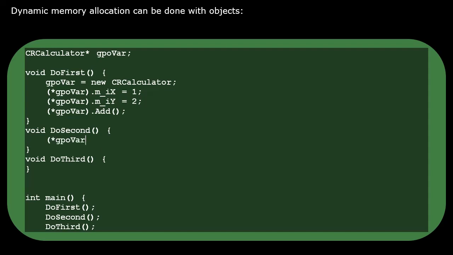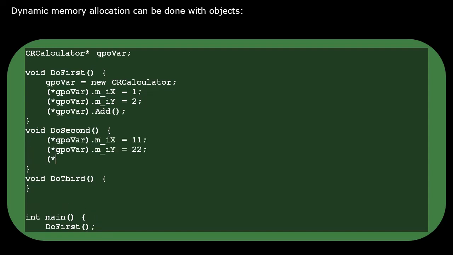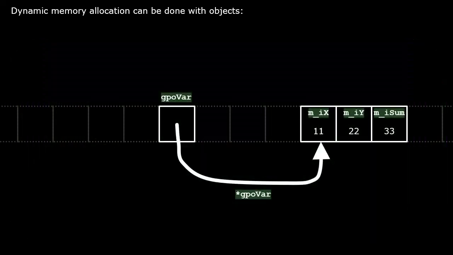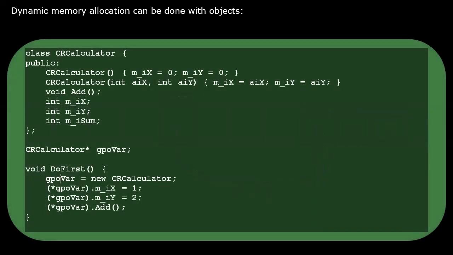In doSecond, we can still access that long-living object by dereferencing a pointer to it. Dynamic allocation can use a constructor that expects parameters. The syntax looks like this.